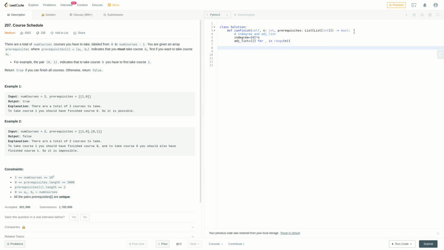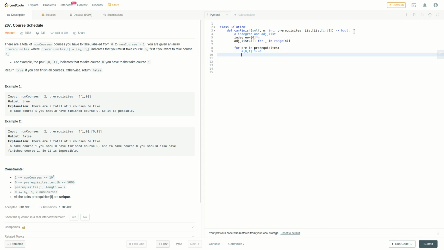Now I will build those arrays for each prerequisite in prerequisites. Now imagine I have this prerequisite. That means 1 goes to 0.